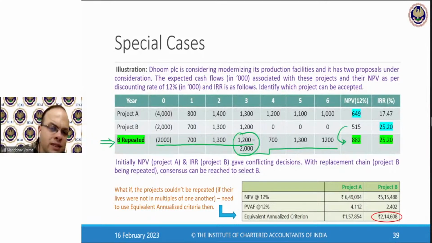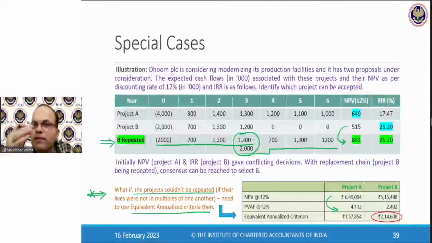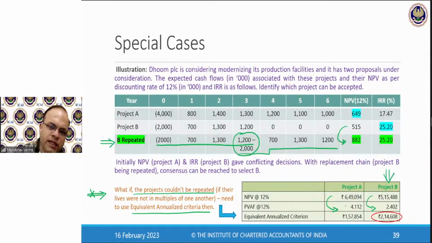So Prachi, if the projects could not be repeated, which is also given at the bottom, if their lives are not in multiples, we will use the equivalent annualized criterion, right? So we divide the NPV by the present value annuity factor. The present value annuity factor is different for A and B because of the different lives. A is for 6 years, B is for 3 years. And we then also decide project B because we have a larger number here. Project B gives the largest equivalent annualized criterion.